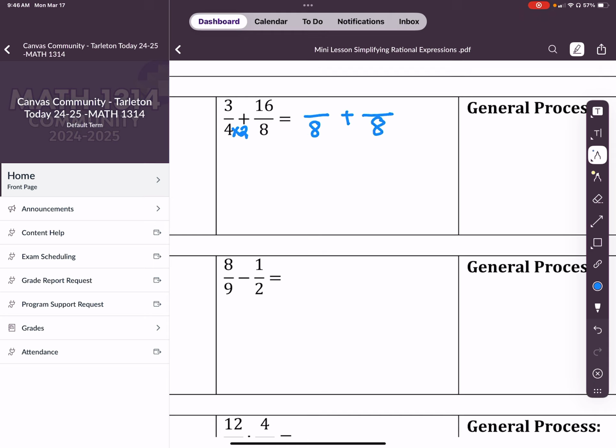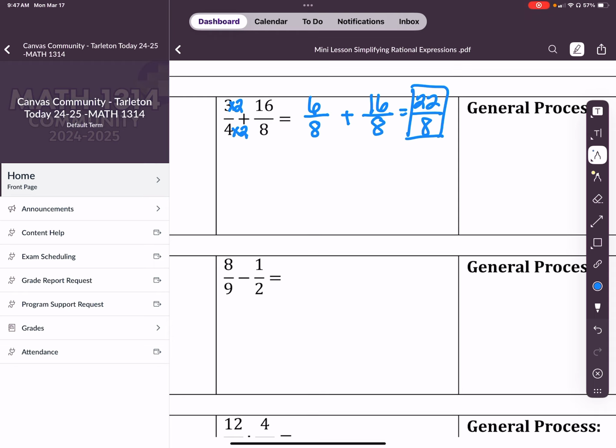I'm not going to have to multiply the second fraction by anything because it already has the common denominator. Okay, so 4 times 2 gives me 8. So what I do to the bottom, I'm going to do to the top. So 3 times 2 is going to give me 6. Okay, so now I have 6/8 plus 16/8. And whenever I add those together, we get 22/8. And that would be our fraction there.